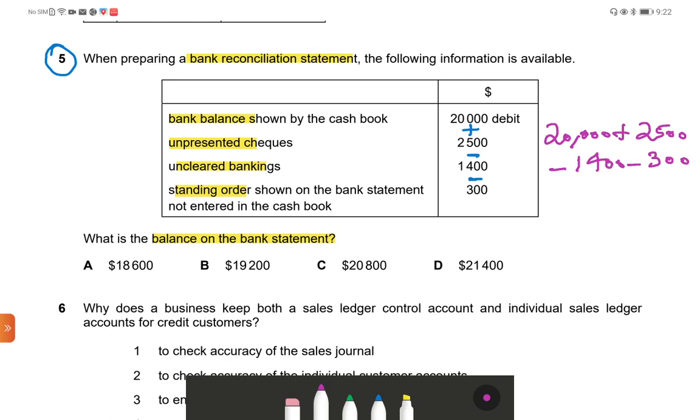So how much does it come to? 22,500, 22,300, 20,800. The correct answer is answer C. Next, question number 6.